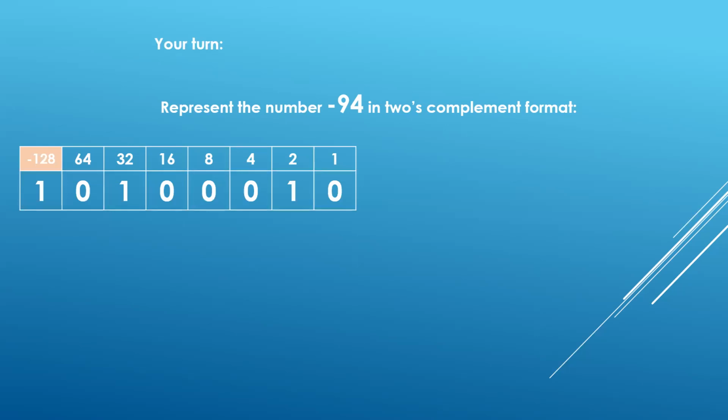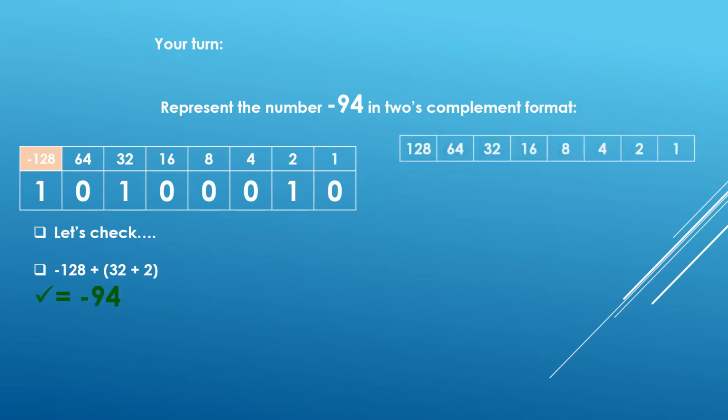Now, what should be added to minus 128 to get the answer of minus 94? You can see for yourself, if I turn on 32 and 2, that will give me the answer of minus 94. Clear? Isn't it simple?